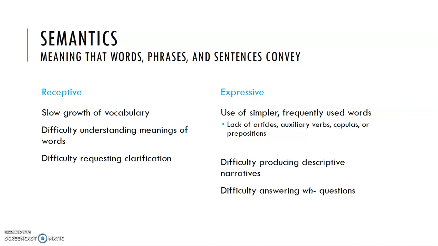On the expressive side, they are more likely to use simpler or more frequently used words, so they're going to lack some of those morphemes. They could also avoid words that are more complex or less common. They can have difficulty producing descriptive narratives. So they might not tell you that the sun was out on Thursday and it didn't rain for 2 days.